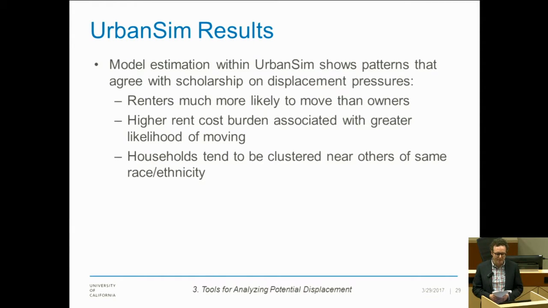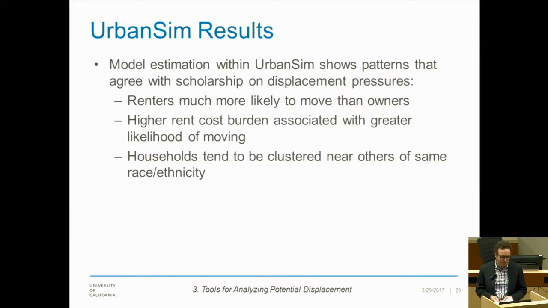We haven't done the type of scenario development or model calibration that would go into a regional plan, but the general dynamics that we're seeing in the Bay Area estimation data are exactly what we'd want to see based on the other research results here.